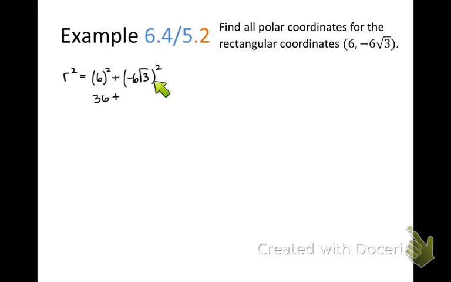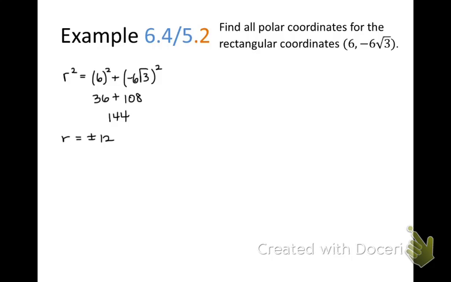Once I square out that root, it'll be times 3, so 36 times 3 is 108. Add those together is 144. So that means that R is equal to what? Plus or minus 12. Yep, remember you can have a negative radius.